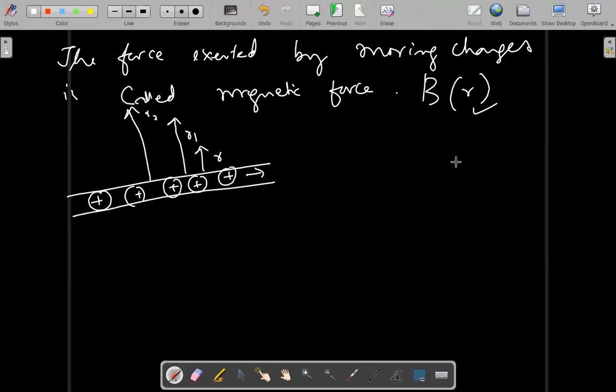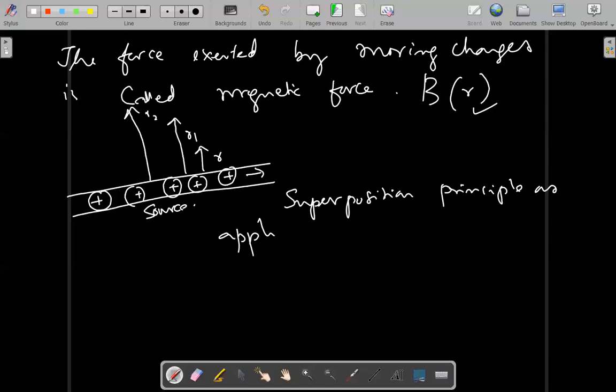The magnetic field of several sources is a vector addition of the magnetic field of each individual source. So this is the source. In this case, this is the source of the magnetic field. If you have many sources, the superposition principle is applied to the magnetic field.